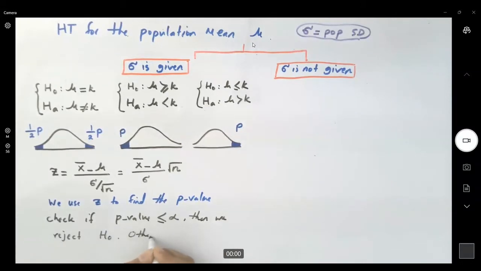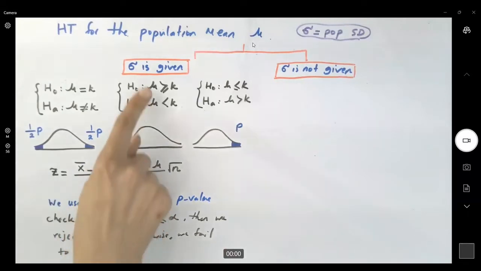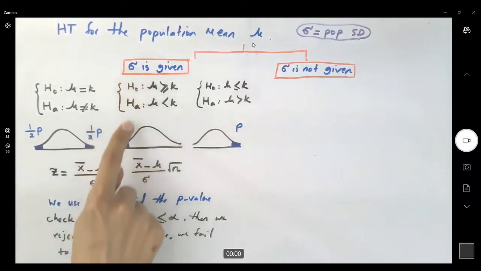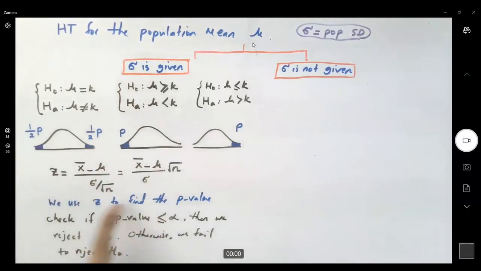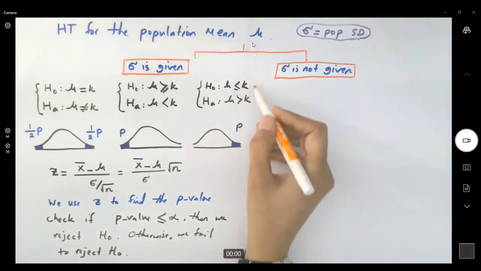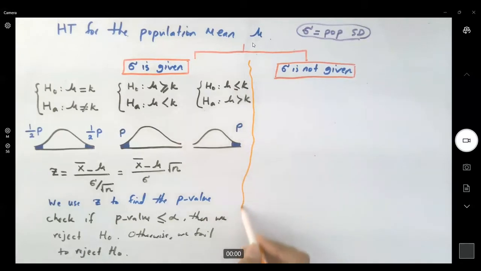Otherwise, we say that we fail to reject the null hypothesis. Again, this is the case that sigma is given. You find your z value, the standardized test statistic, then find the p-value, check to see if the p-value is less than or equal to alpha, then decide about your null and alternative hypotheses.